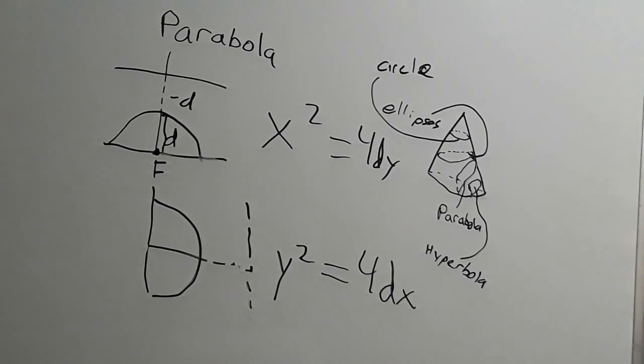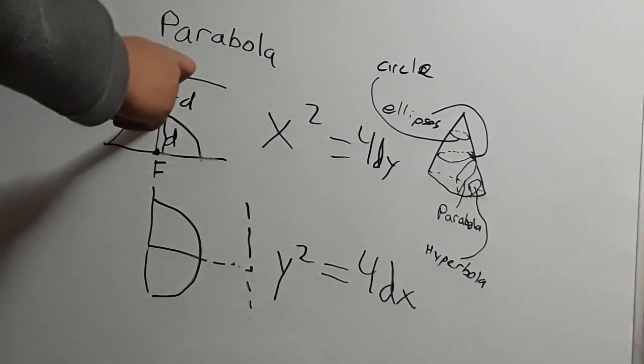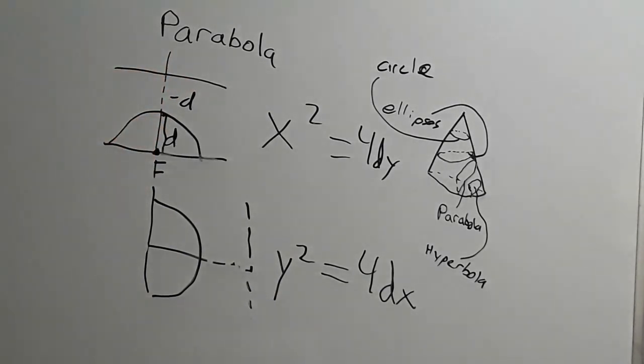Here, let's backtrack a little. These d's are kind of important when it comes to how the shape will look. You have d over here, which is the distance from here to the focus point. If you actually take notes on this stuff, I would probably write that down. It's called the focus point.